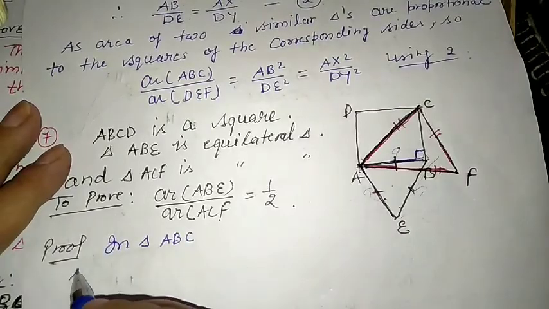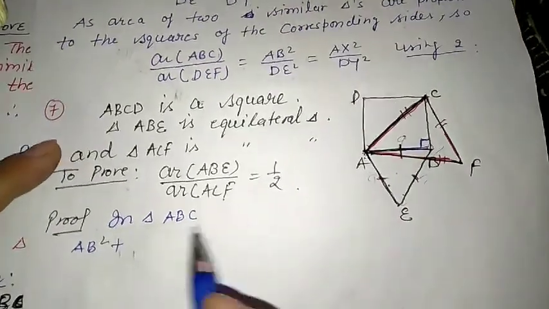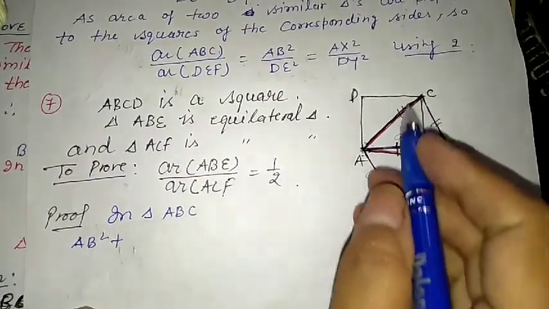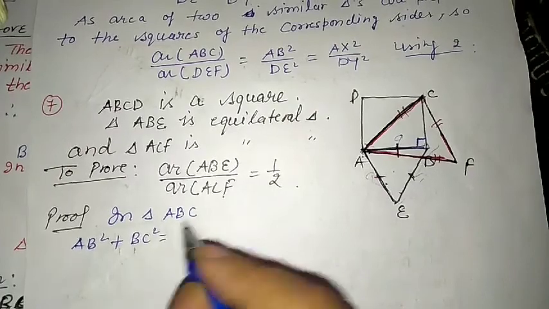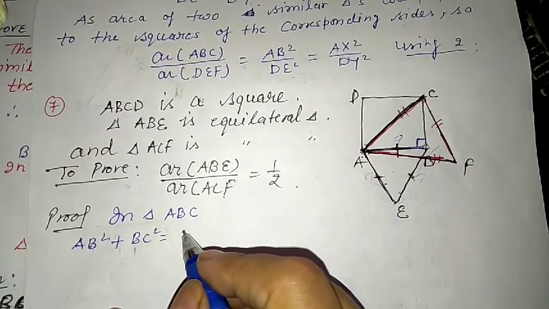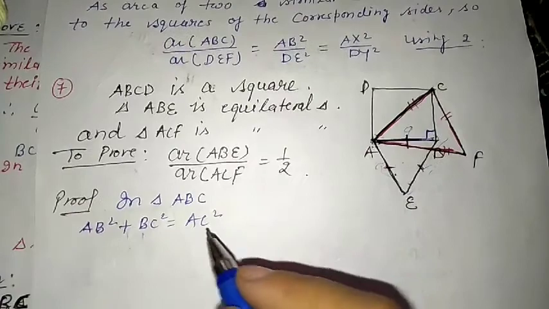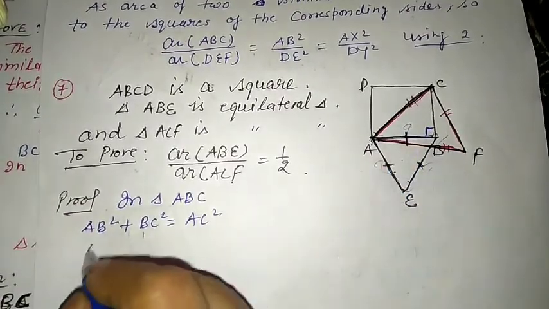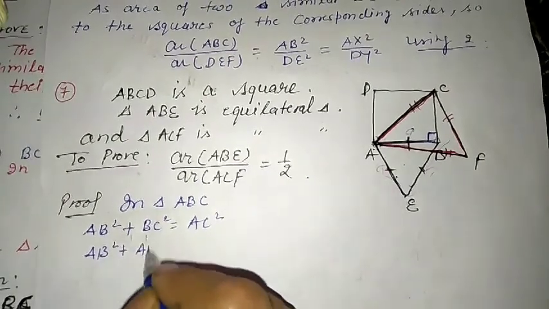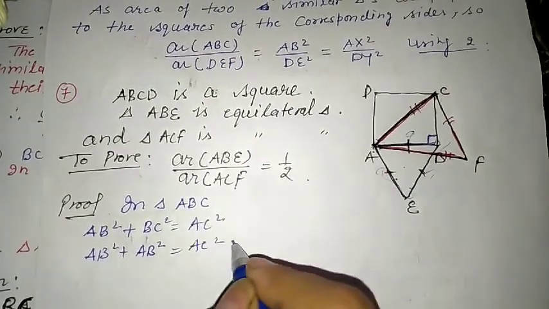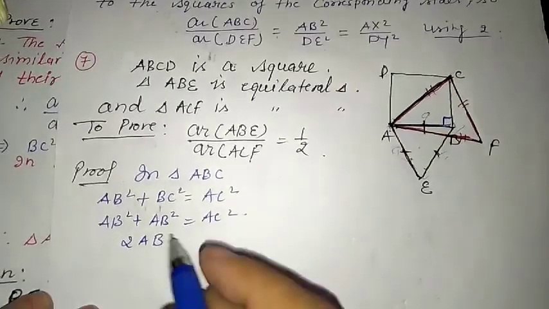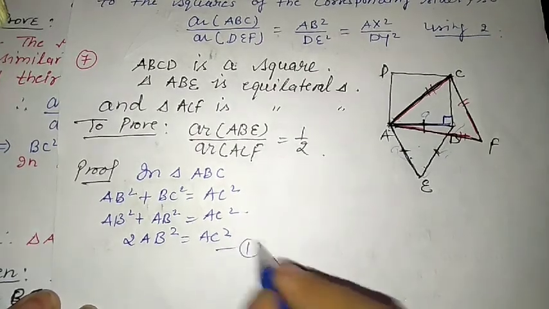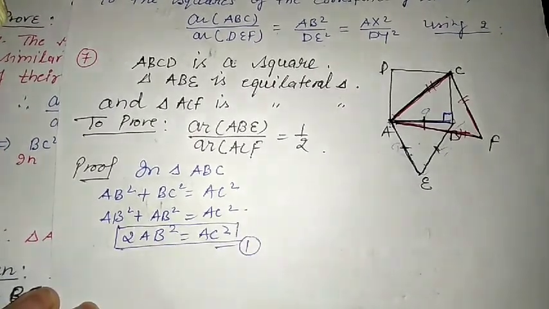AB square plus BC square, you know the Pythagoras theorem, is equal to AC square. Now these two sides, AB and BC, are equal. So AB square plus AB square is equal to AC square. So twice of AB square is equal to AC square. This is the first equation.